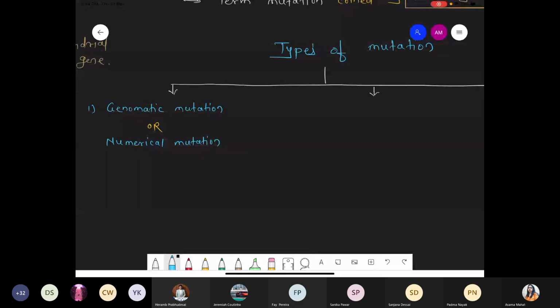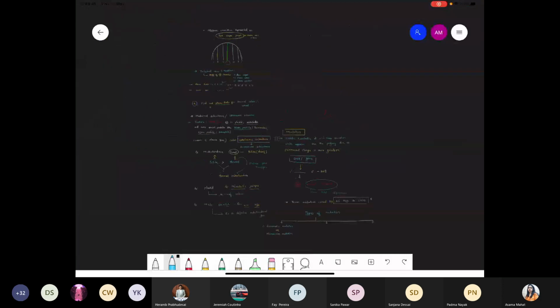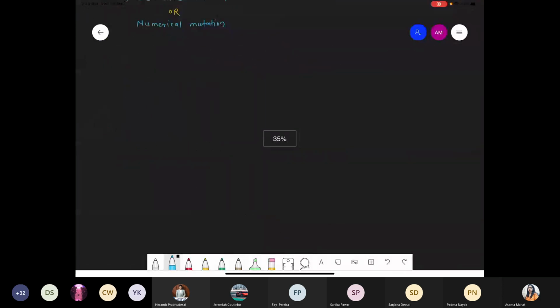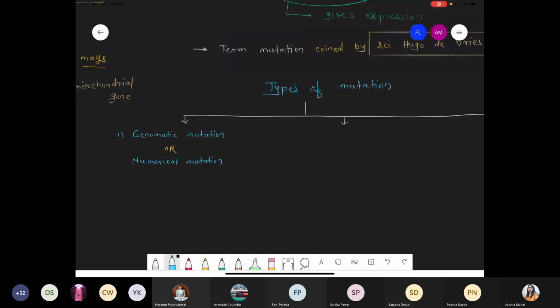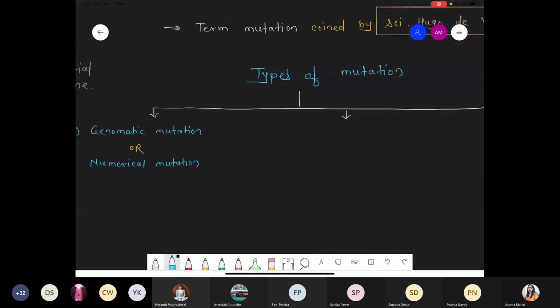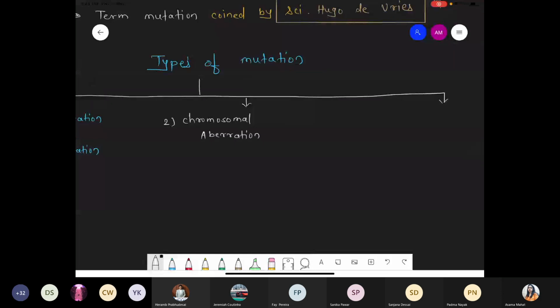Second type we'll discuss is chromosomal aberration. Means a change or mutation with respect to gene, gene position, gene sequence. So second type of the mutation, chromosomal aberration. And the last and third one is gene mutation.